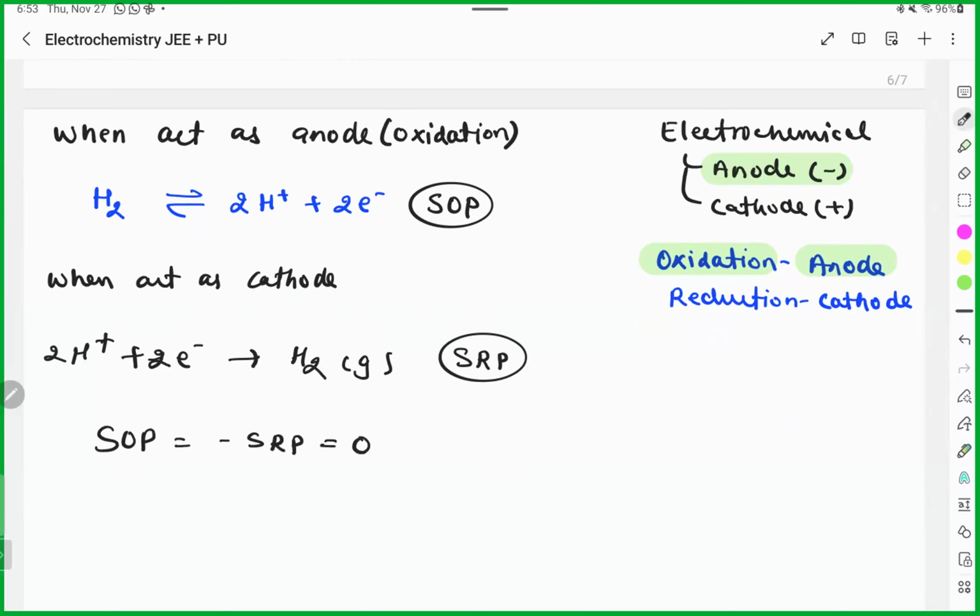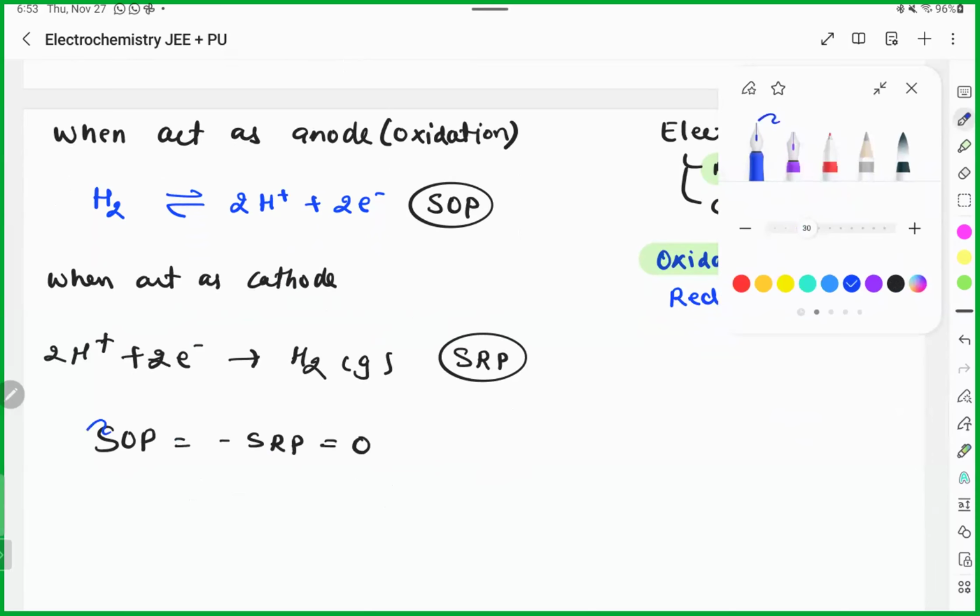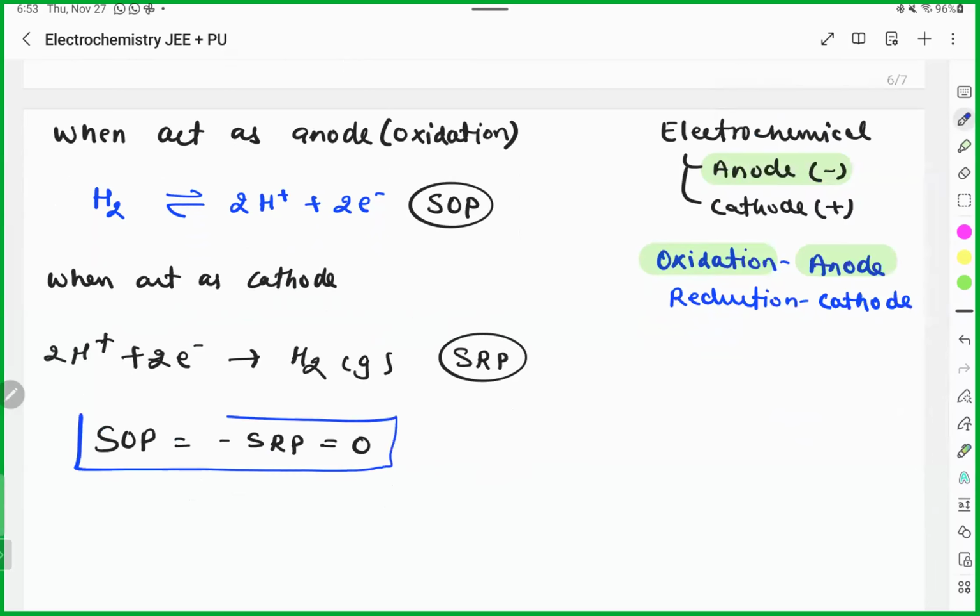Why did I write minus here? Sir, the same potential applied in the opposite direction will oxidize it. If an element is undergoing oxidation, the reduction potential will be a negative value.